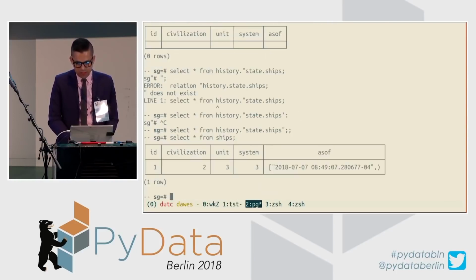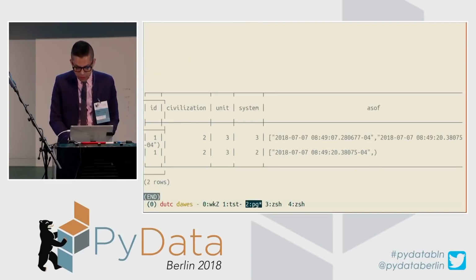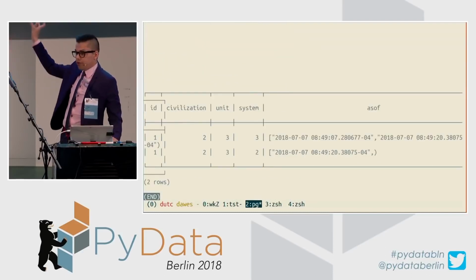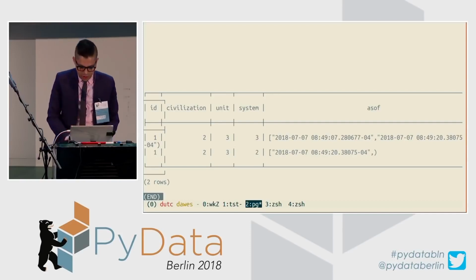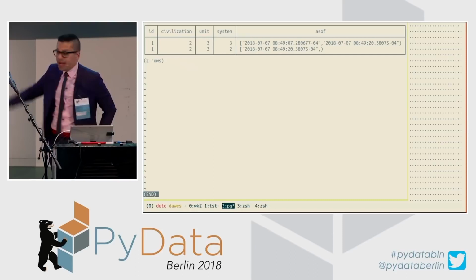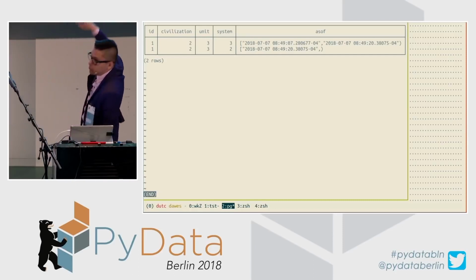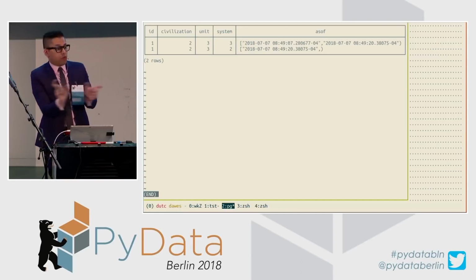Here's my ship. Let's update the system. Let's say it moved. Right? If I look at my history table, what I can see is I stored all the information about the history of this, and this uses a feature in SQL called table inheritance. What happens when I query from this table is I actually see the entire historical view of everything that happened, and that as-of column is a date range for when that row was active.